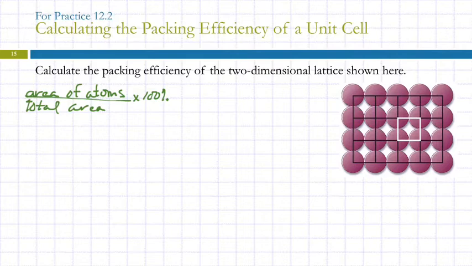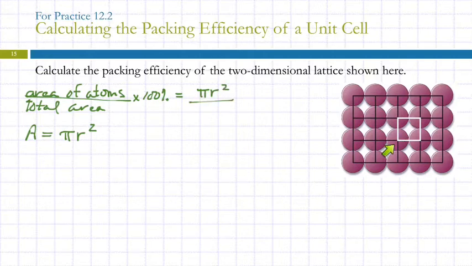You see that? What's the area of a circle? Pi r squared. We're not told what the radius is. That's okay, we'll just do what we can. So that's the area of the atoms, pi r squared.